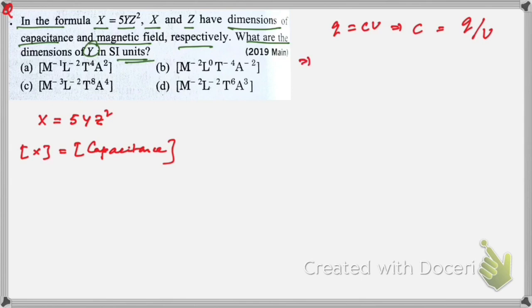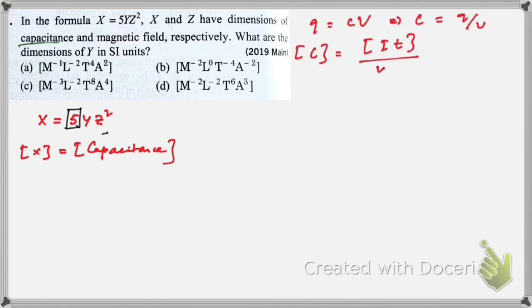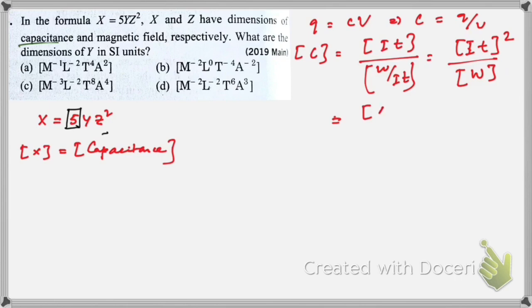Here you see the dimensions of C, that means capacitance, are equal to the dimension of Q. Q is I into T, right? Current into time. And potential is W by Q. Again Q is I into T, so that's why we're going to get I T whole square by work done W. For current I we're going to use A, and for time capital T there will be square.